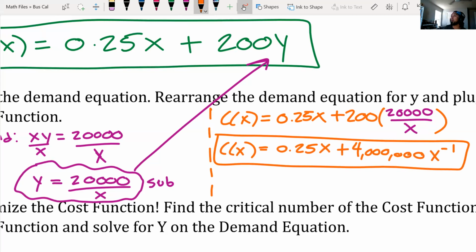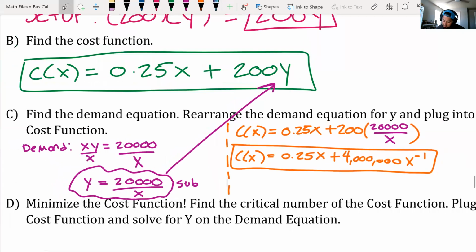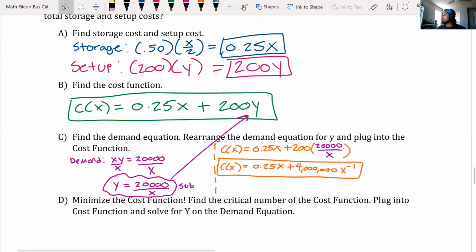We got rid of that pesky variable y. Okay. Which means we can move on to the next step. We're going to minimize the cost function, which means take the derivative, set it equal to 0, and solve for x.